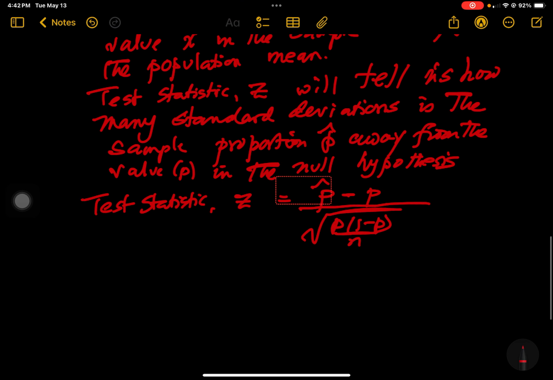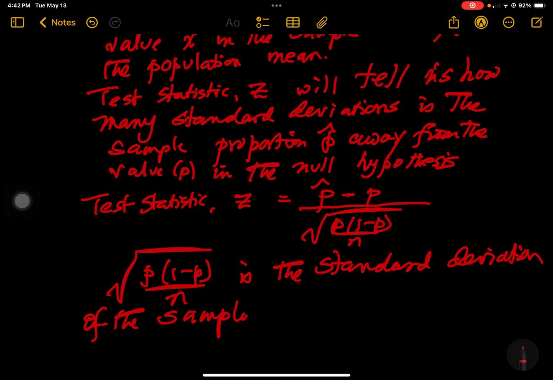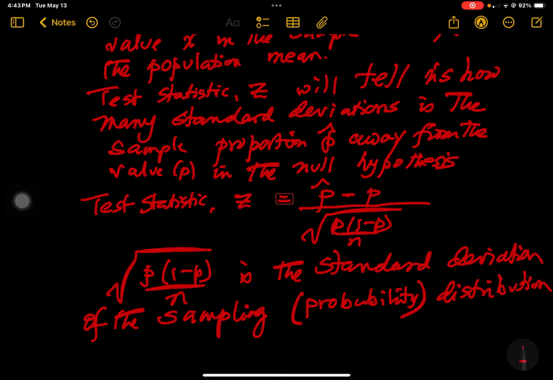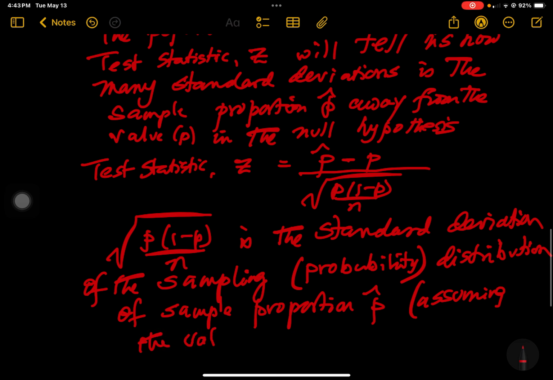Now square root of p times 1 minus p over n is the standard deviation of the sampling distribution, or probability distribution, of sample proportion p hat, assuming the value in the null hypothesis is true.